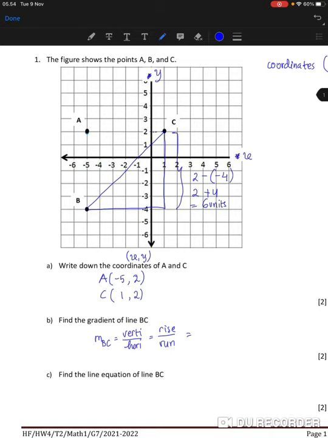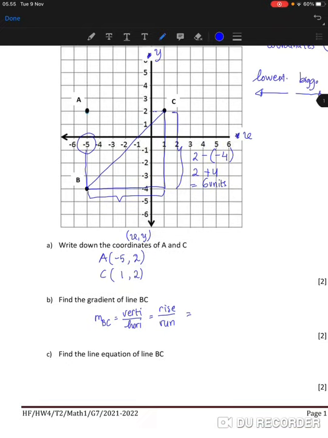Alright, move on to the horizontal change. Look at this one is our lowest. Remember, if you have an x, if you want to go to the left side, it means you will get the lowest number. If you want to go to the right side, you will get the bigger number. This also applies for the vertical change.